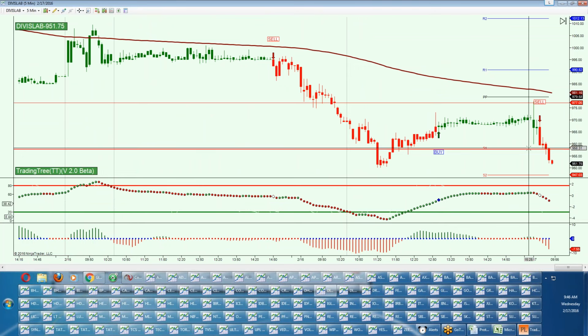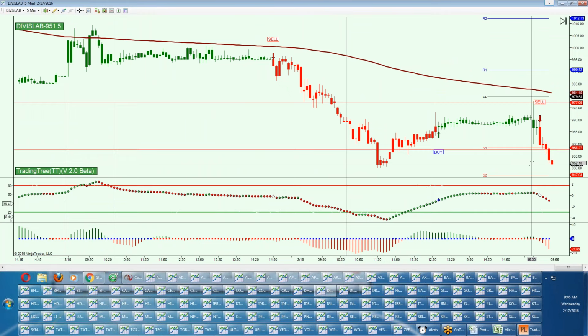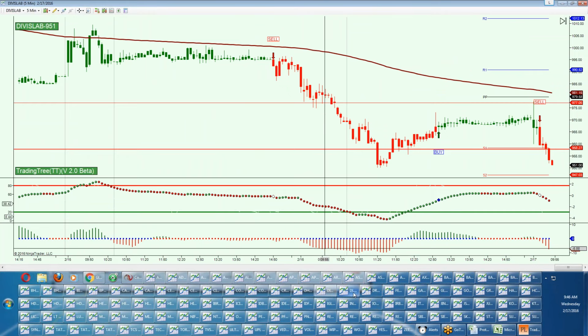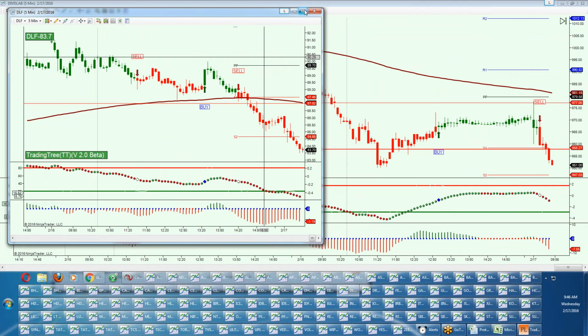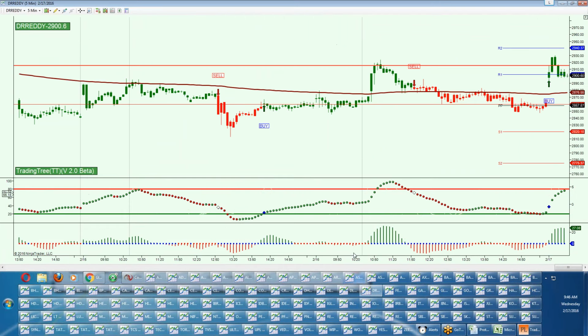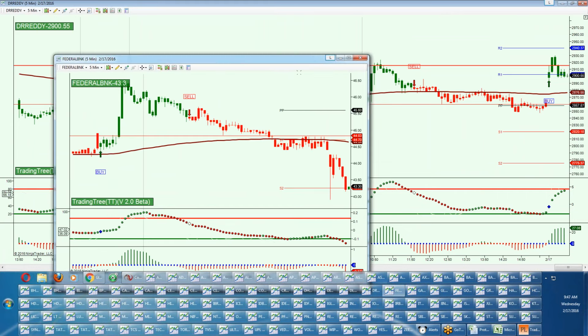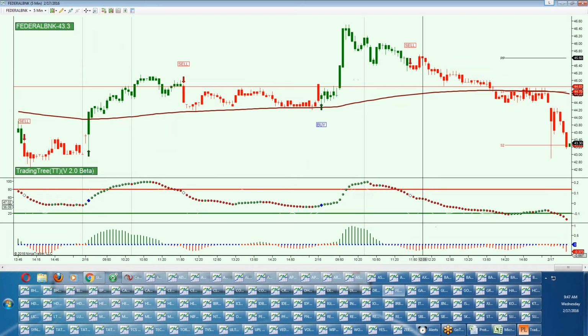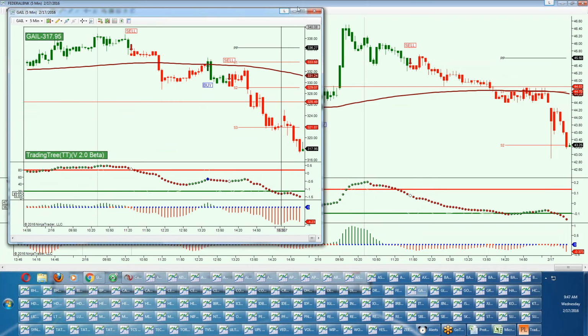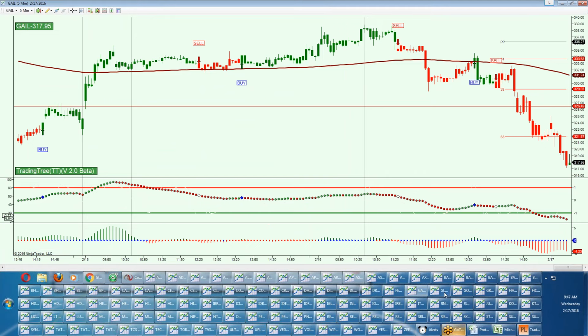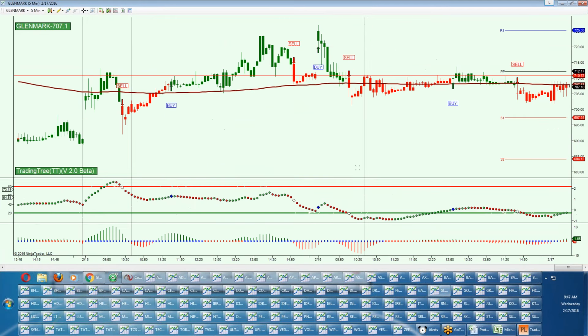So these we short here 957. Now it's at 951. Glenmark you can short it here 701.